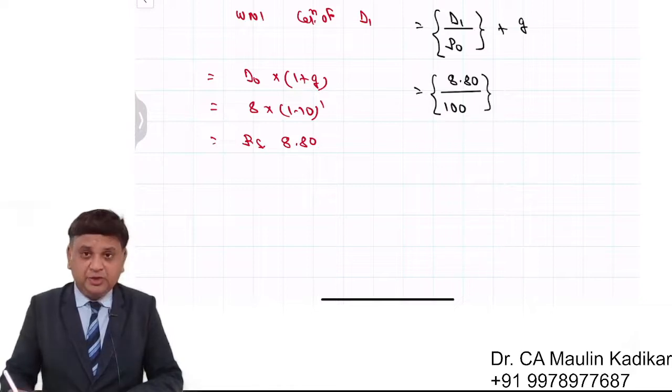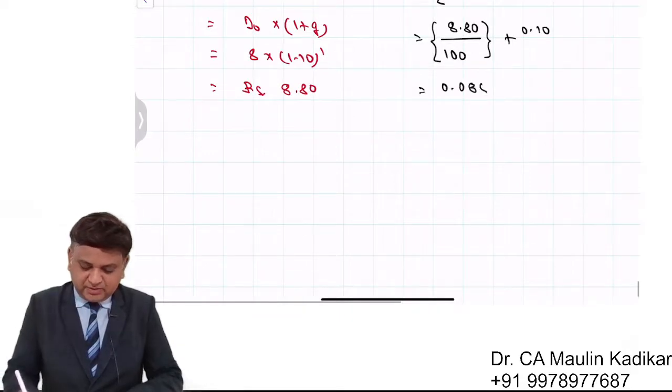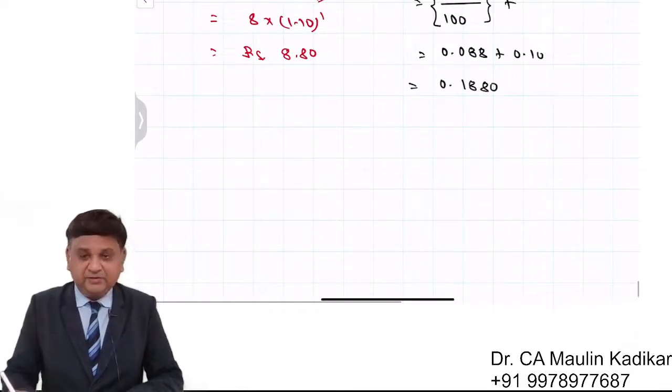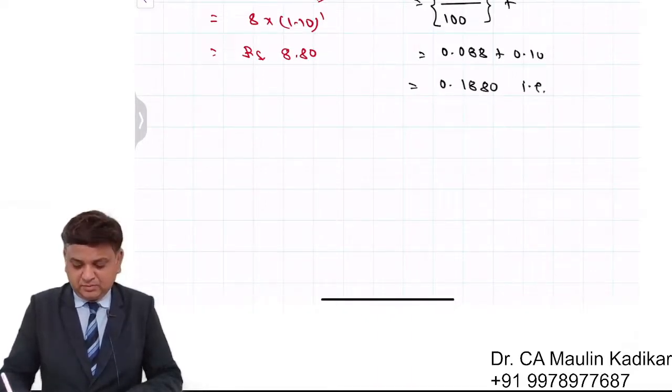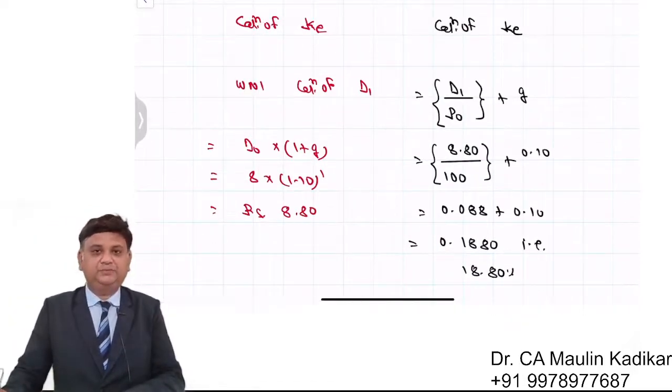And what is the growth rate? Growth rate is 10%. 0.088 plus 0.10, 0.1880. That is 18.80%.